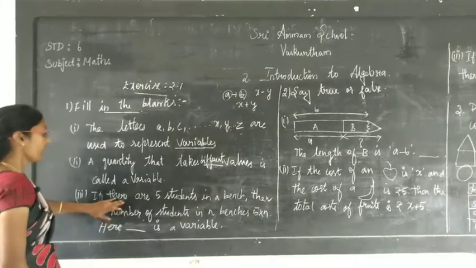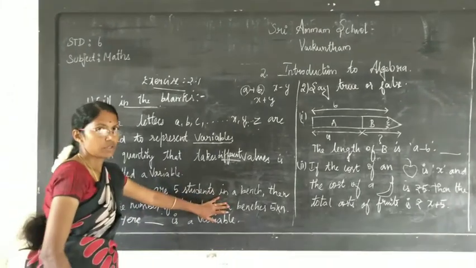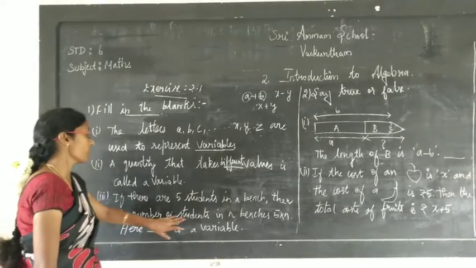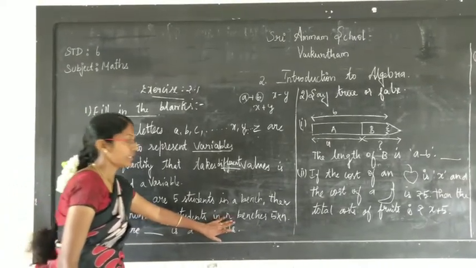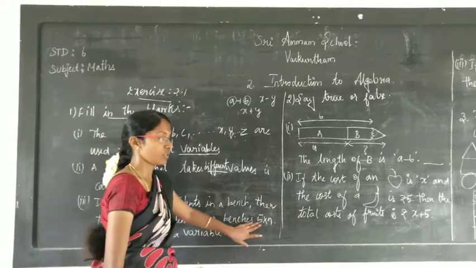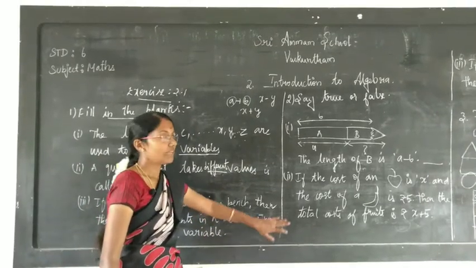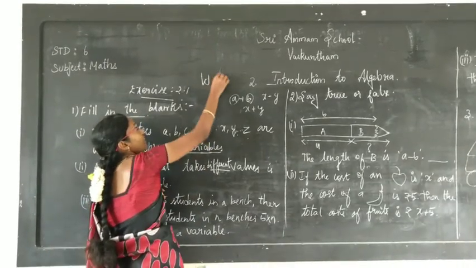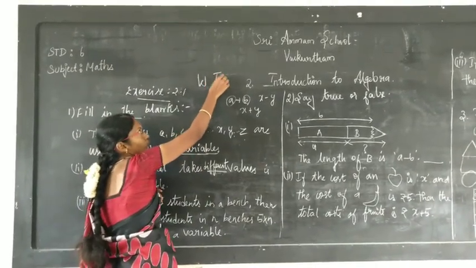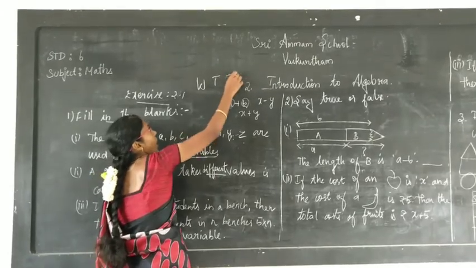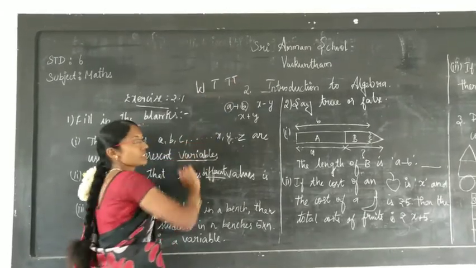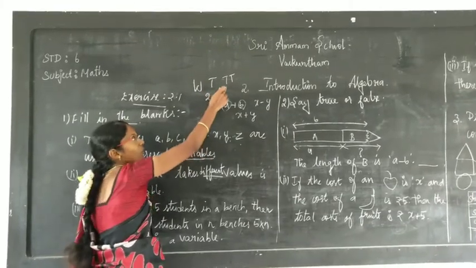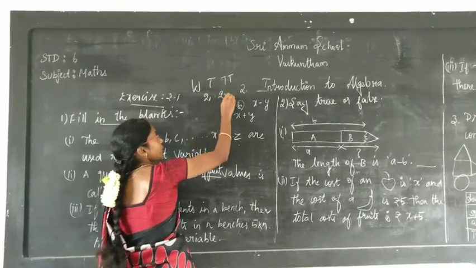Next one. If there are 5 students in a bench, then the number of students in n benches is 5 into n. We have seen this for T: to make 1 T you need 2 sticks, to make 2 T you need 2 into 2.